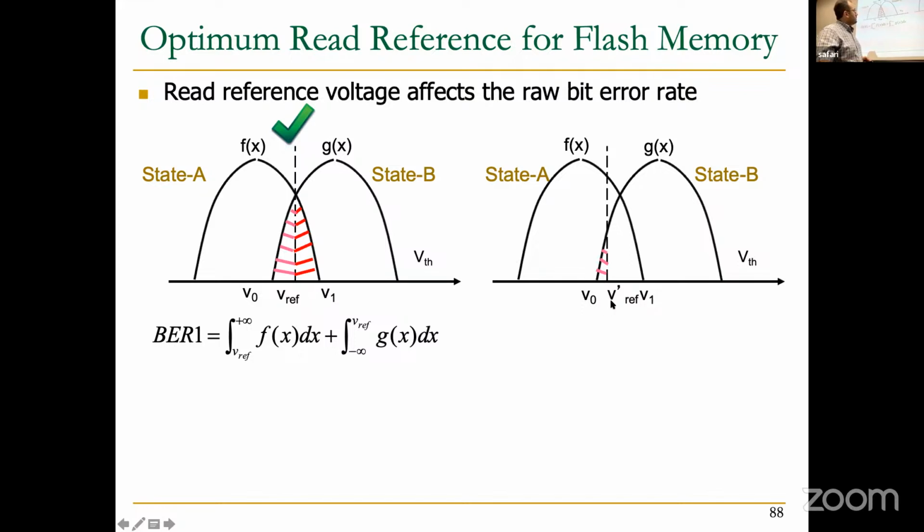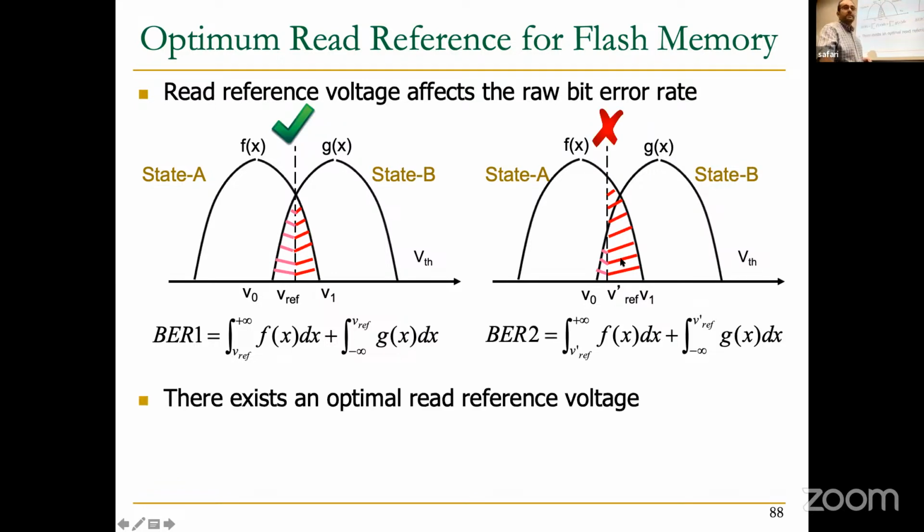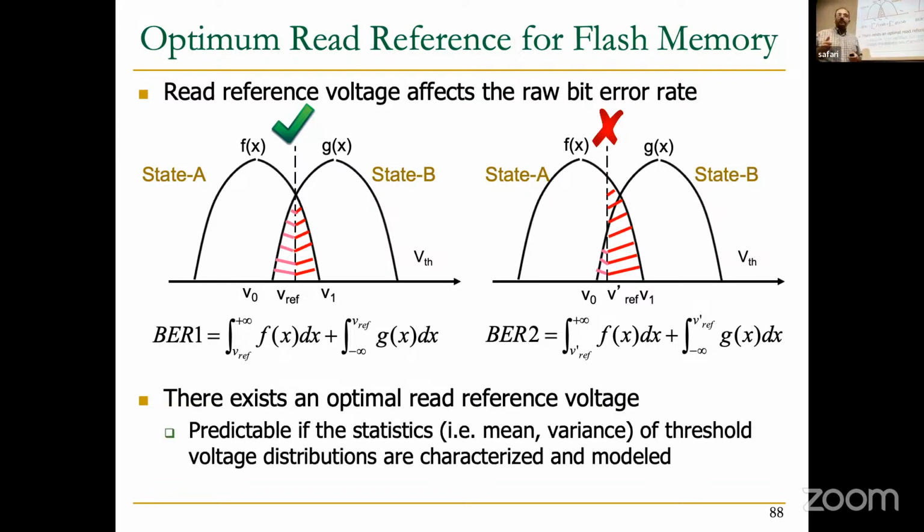But if, for example, you put your reference voltage somewhere here, in the end you'll have a higher error rate, which we'd like to avoid. So we claim that there exists an optimal read reference voltage, and we want to find it using our model.